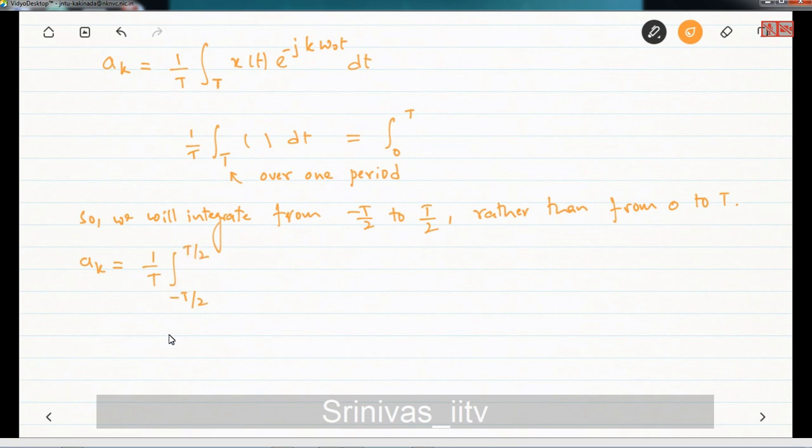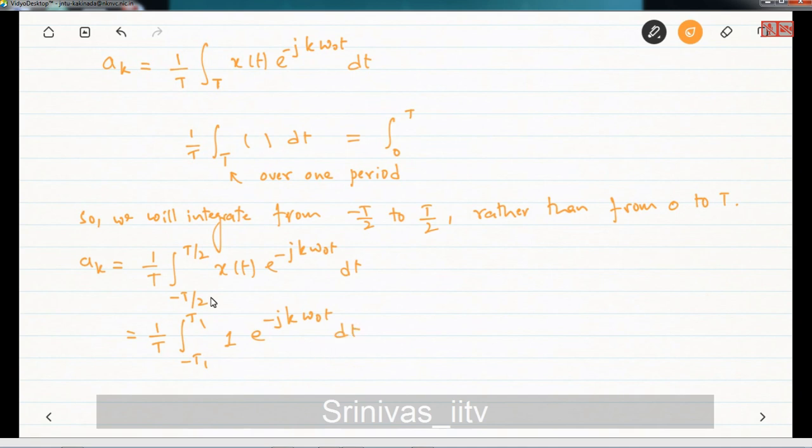But we know that in the duration minus T by 2 to plus T by 2, x of t is 1 only from minus T1 to plus T1. So a_k is 1 by T, integral from minus T1 to plus T1 of 1 times e power minus j k omega naught t dt.